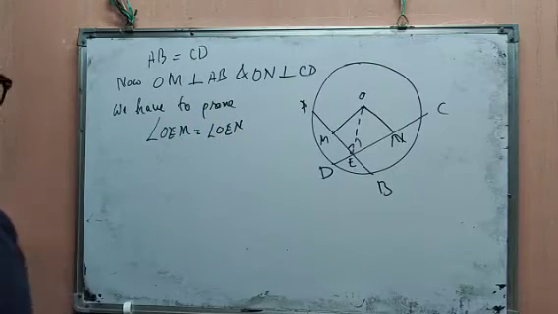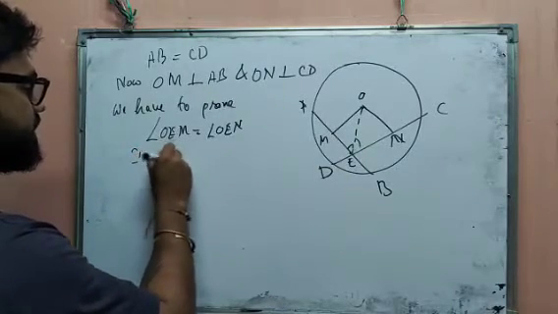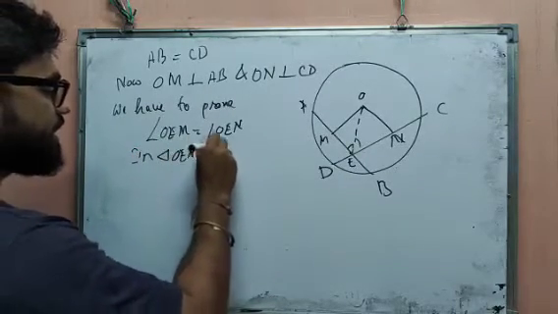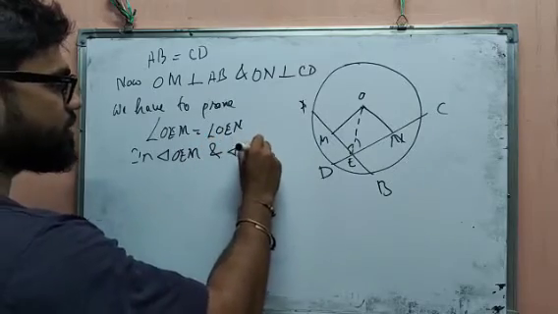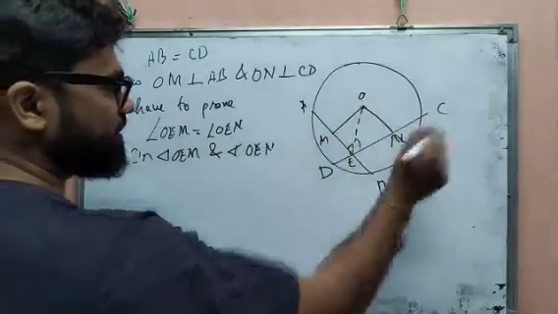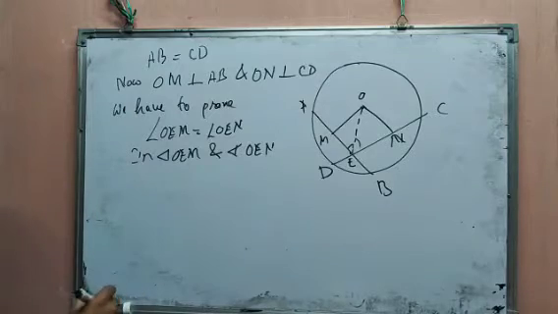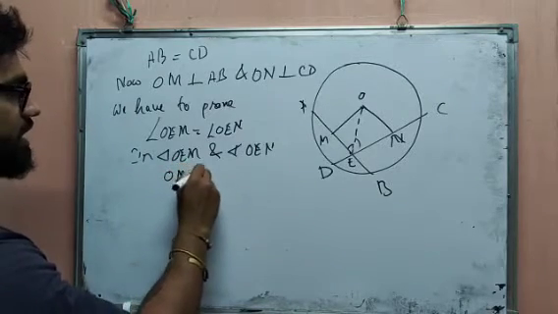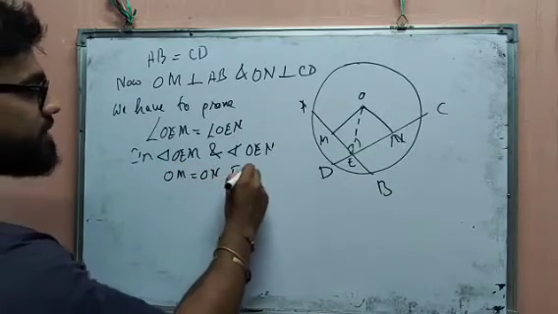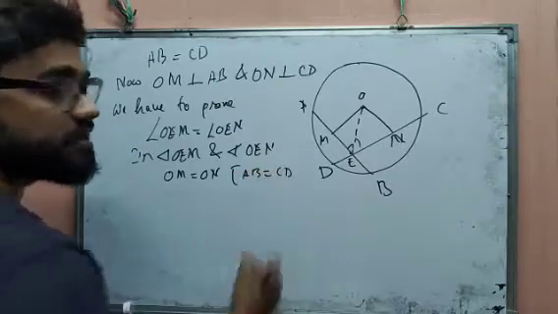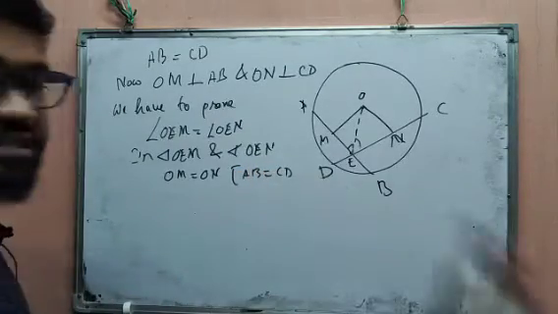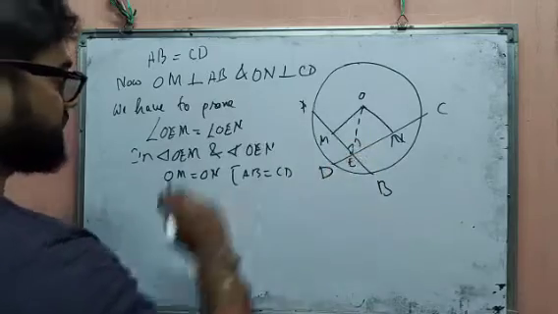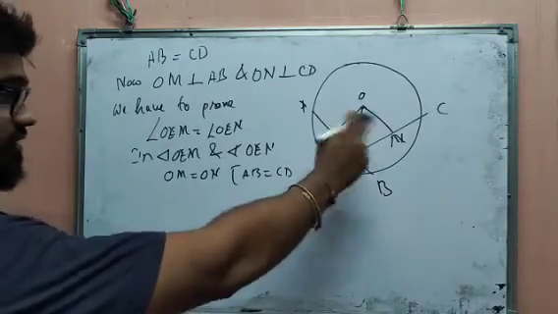To prove that, first we join OE. Then in triangle OEM and triangle OEN, first you can write OM equal to ON. Why? Because AB equal to CD, the chords are equidistant from the center. Therefore OM equal to ON.